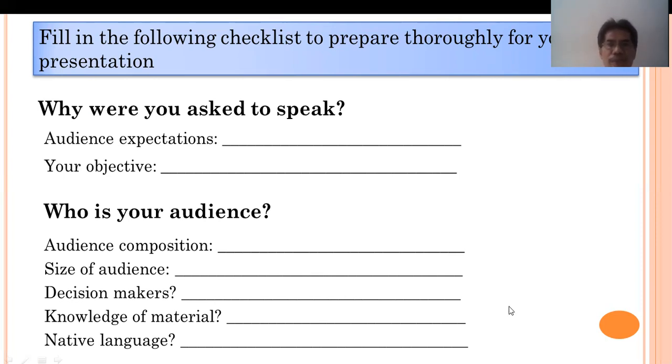And then the knowledge of the material and native language: what native language do they use, so that you can prepare for anticipating the language that you don't know at all.